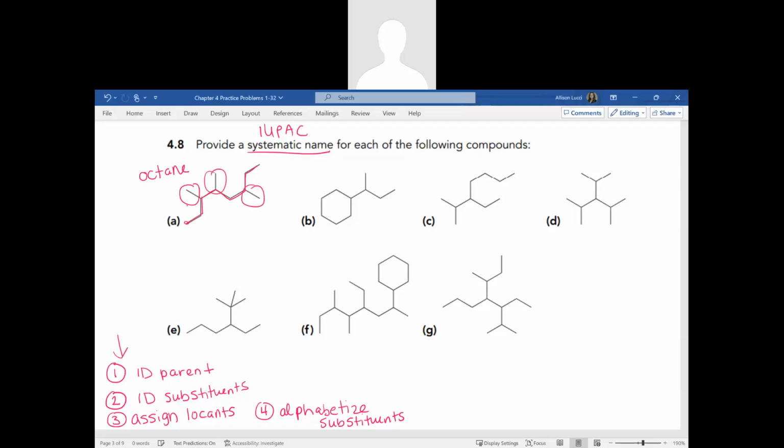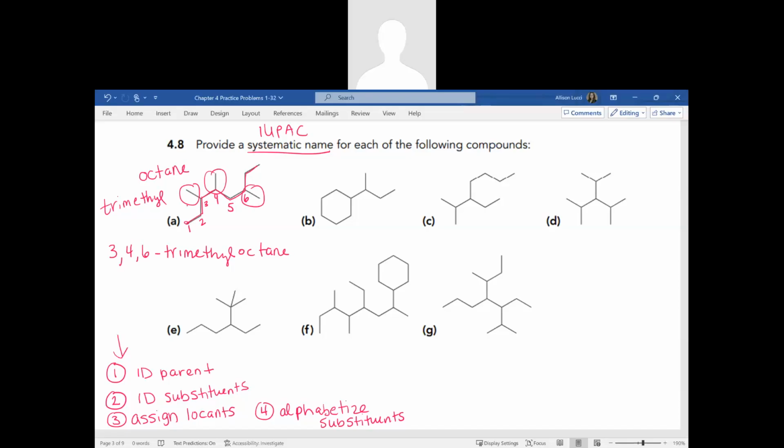So I have 3. Collectively, these will be trimethyl substituents, and I have them on carbons 3, 4, and 6. So if I pulled this all together, we would end up with a 3, 4, 6 trimethyl octane.